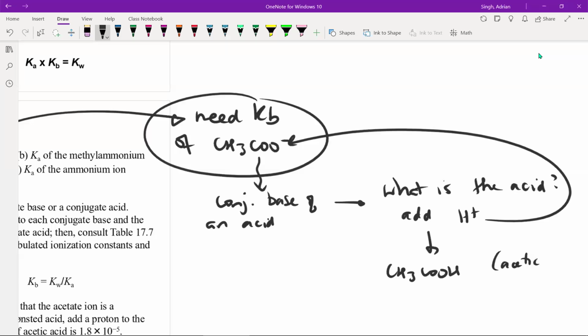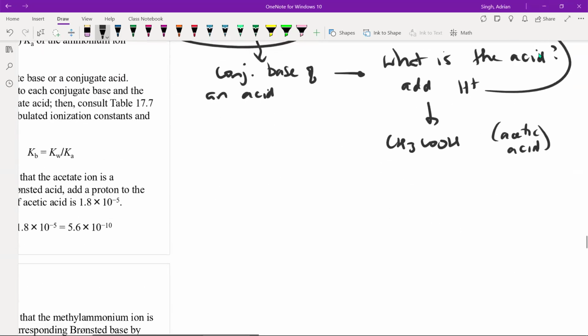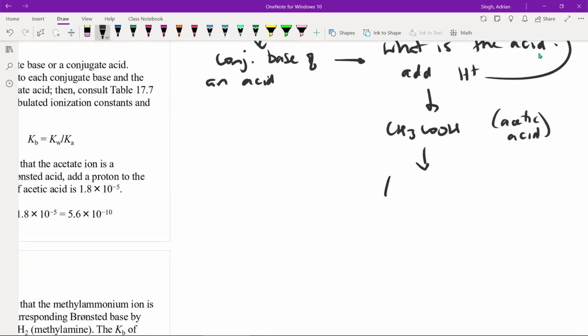And that is something where we can look up the Ka value for acetic acid. So Ka for acetic acid is 1.8 times 10 to the negative 5.